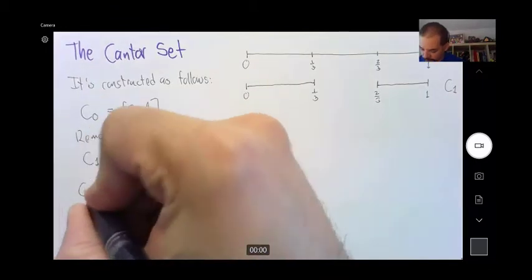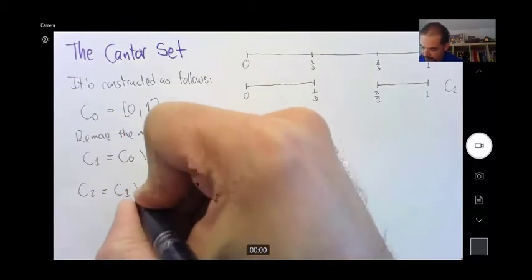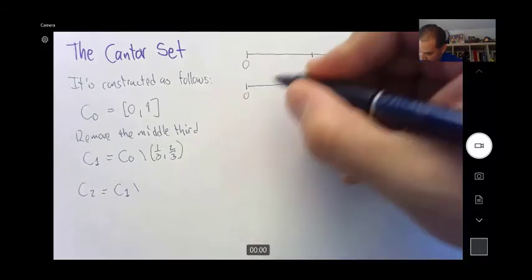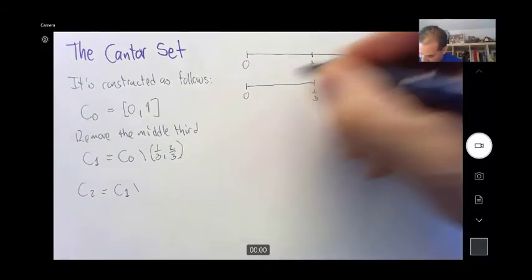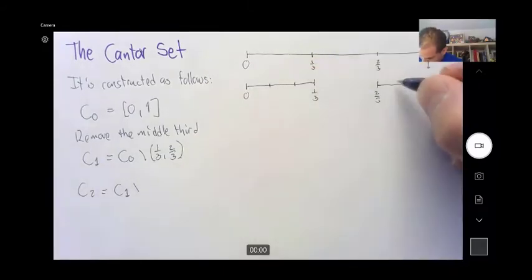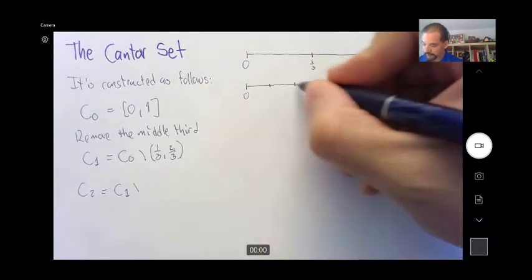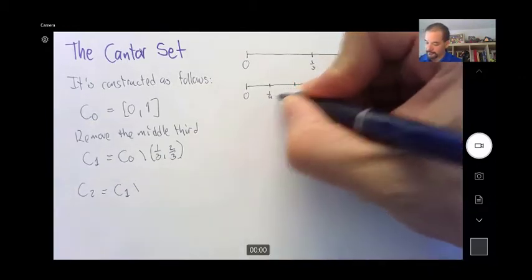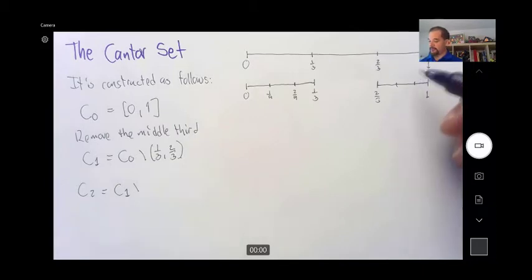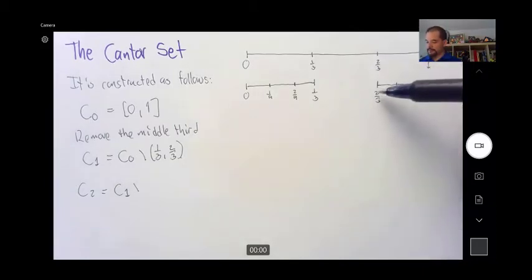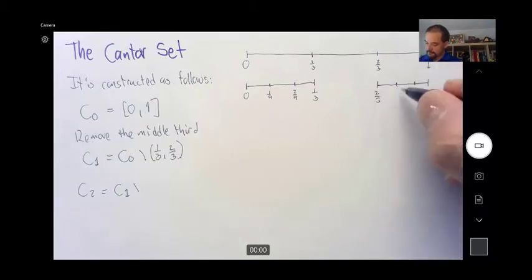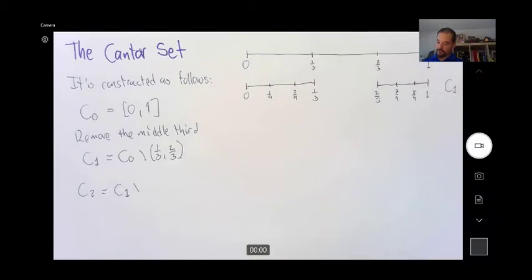So C2 would be take C1, and we're going to now take away these two middle thirds. This one is from 1/9 to 2/9, and this one is, let's see, these are 6/9, so this is 7/9 and 8/9, right? So those are the intervals we're taking.